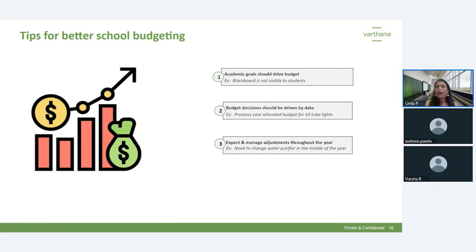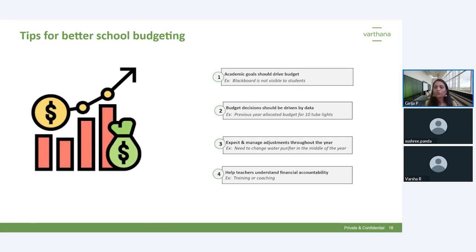Another is that when you're doing the budgeting, it is very important to take teachers into consideration. Generally, either the school leader or the finance person or accountant does the budgeting, but teachers are very crucial. They are the people who are going to implement your programs in the classroom.